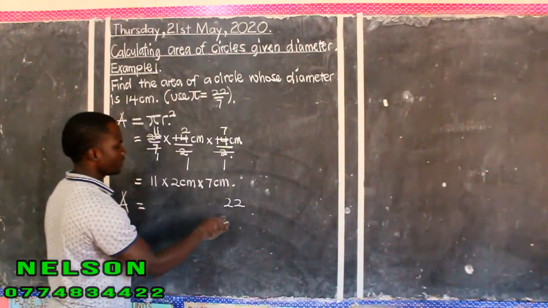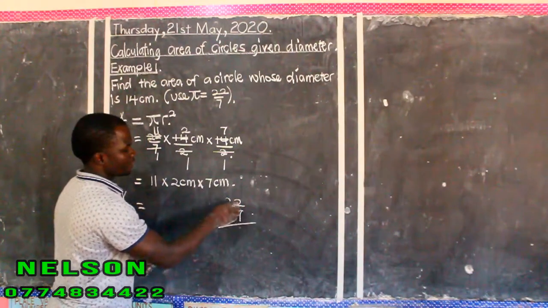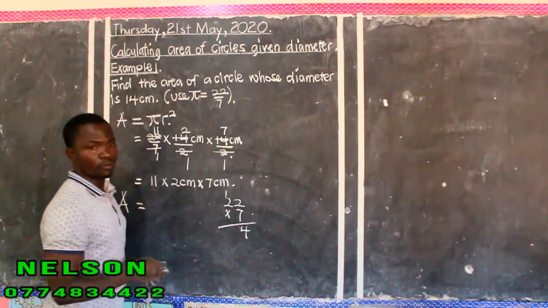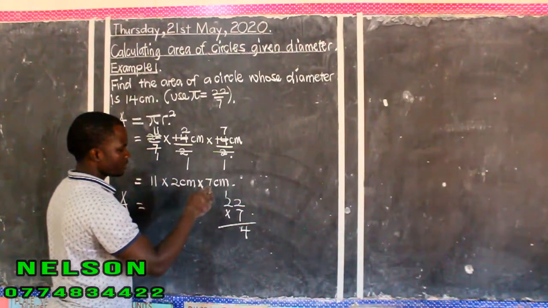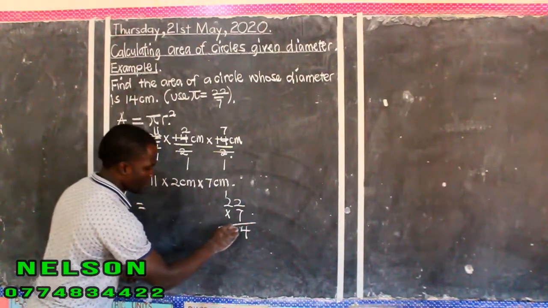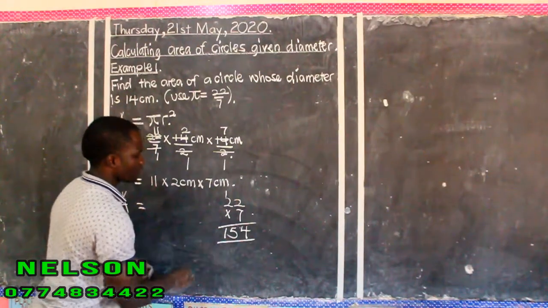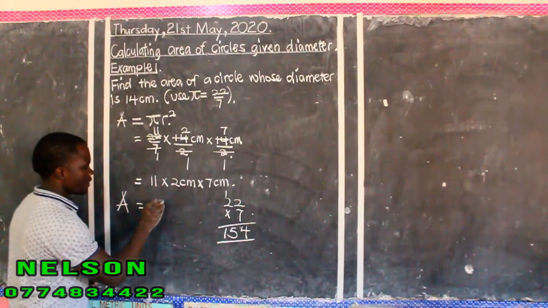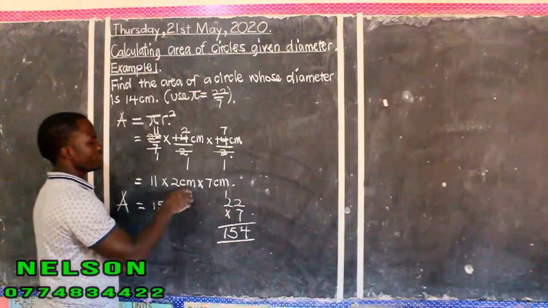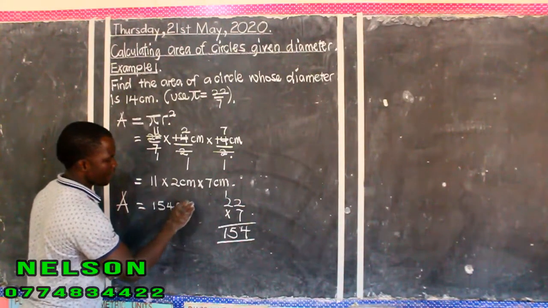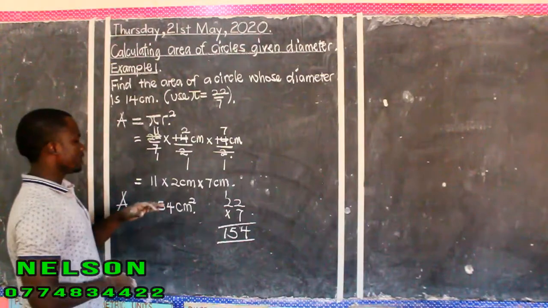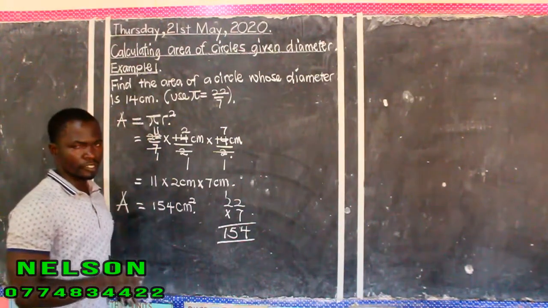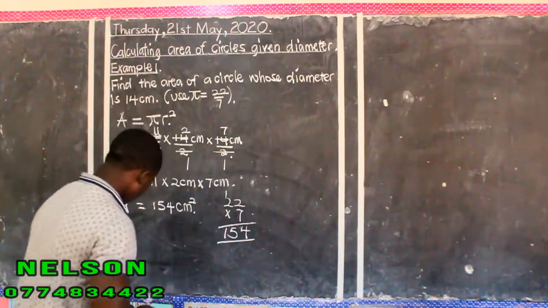Then 22 times 7, what do you get? 7 times 2, this is 14, carry 1. 7 times 2, we get 14 plus 1, we shall have 15. So this is 154. 154, then centimeter times centimeters, we get square centimeters. And this will be the area of this circle whose diameter is 14 centimeters.